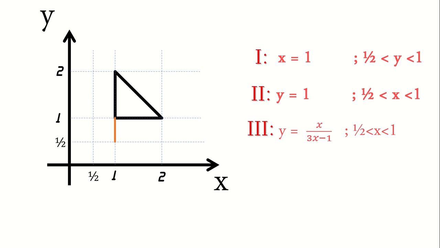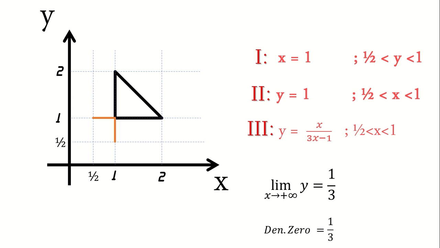For the first formula, we have a line like this, with y between 1 half and 1. For the second formula, we have a line like this. And for the last formula, we have a more complicated shape, which goes through the points 1 and 1 half, and 1 half and 1.